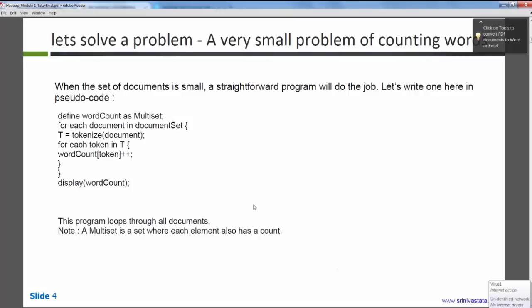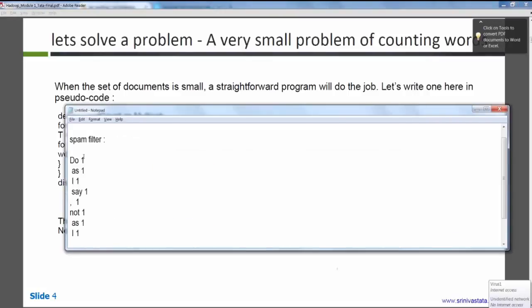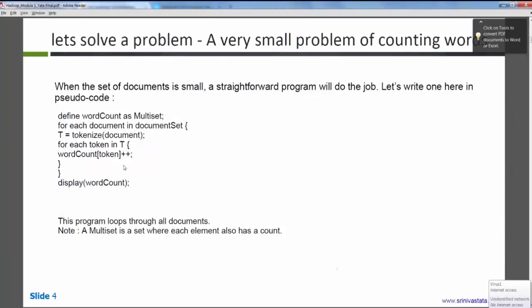Multiset is also a data structure. In this data structure, each word will have a count. So do 1, as 1, I 1, say 1, not 1, as 1, I 1. In this way, we will prepare the multiset and display the word count.